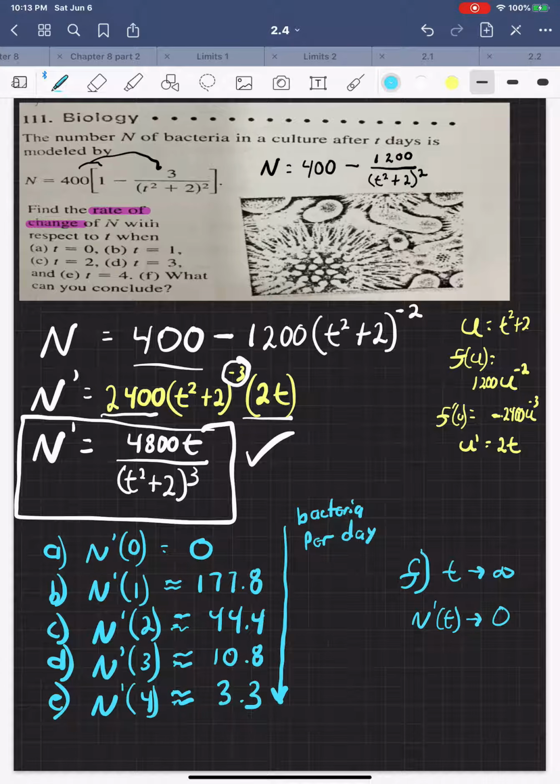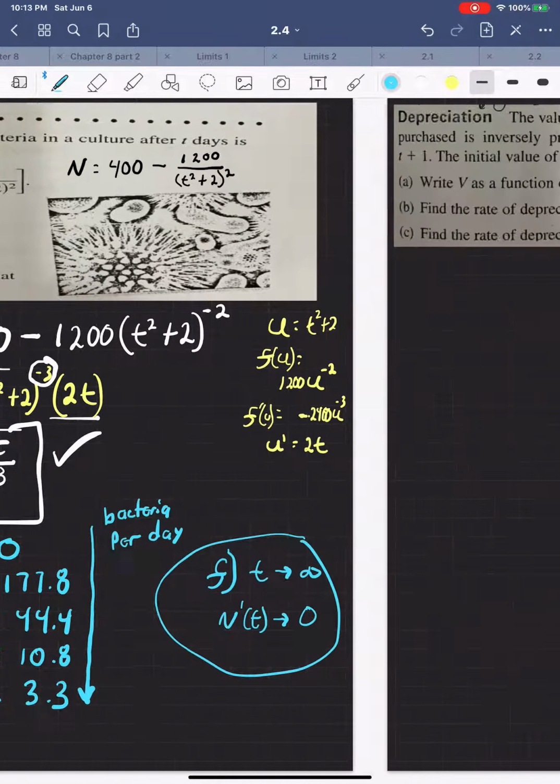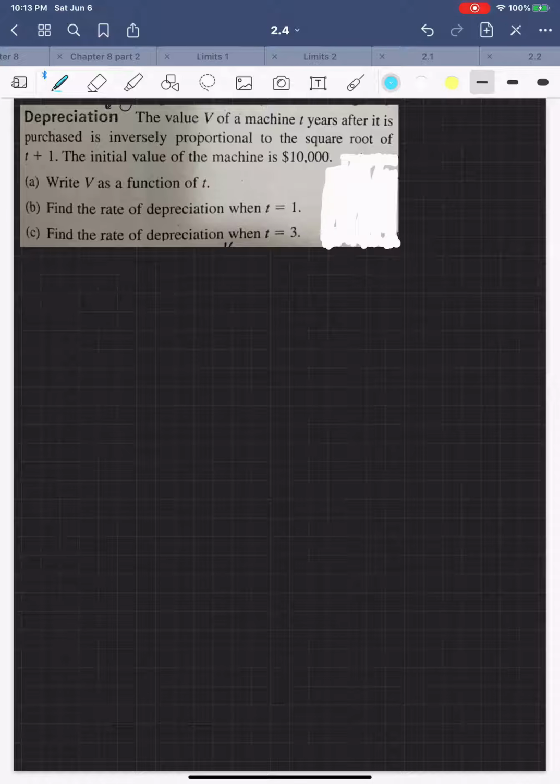All right, but this is fine. Now the last question for this section is, well, at least I think that if you've ever purchased a car or you are in the market for a car, you can appreciate this problem.